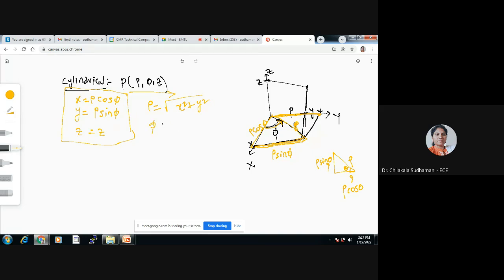Another one I want is phi. Phi is equal to tan inverse y by x and z is equal to z. This gives the relation between cylindrical and rectangular system parameters. Okay?